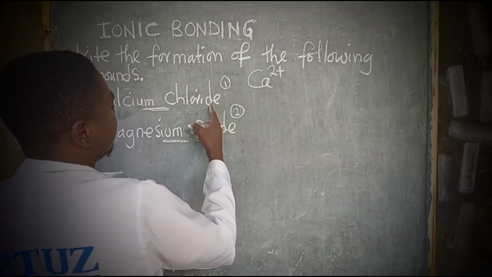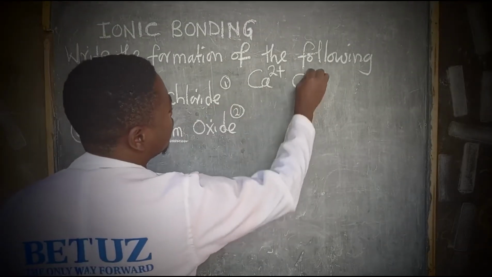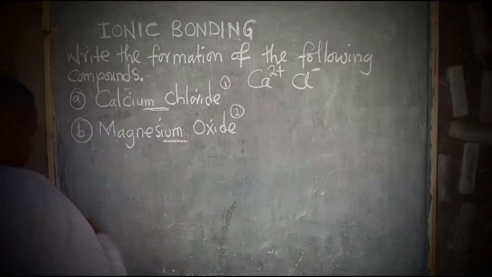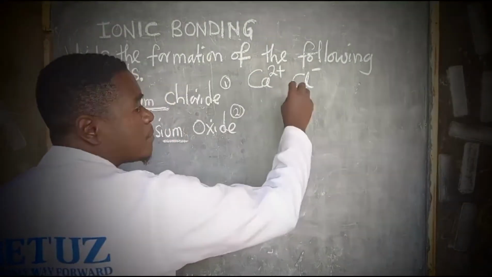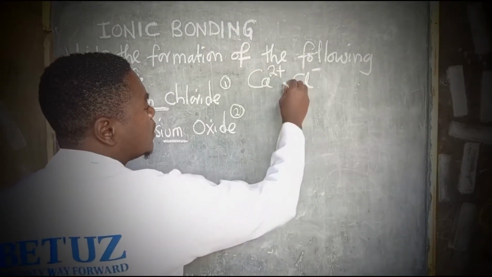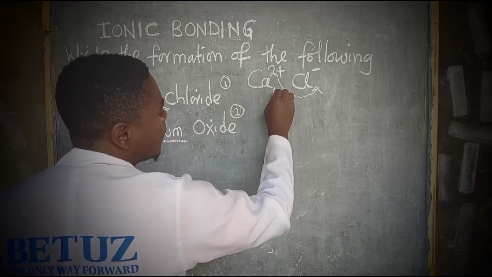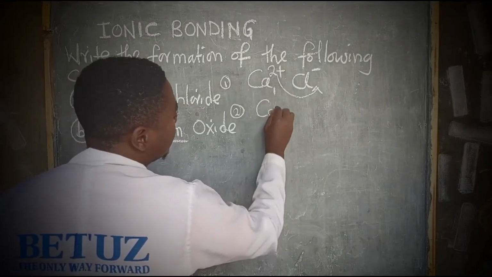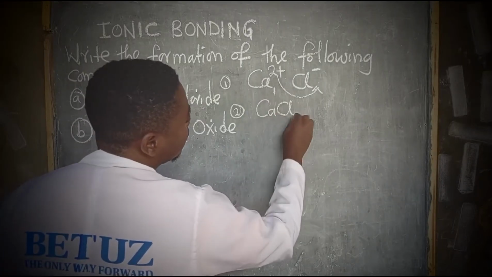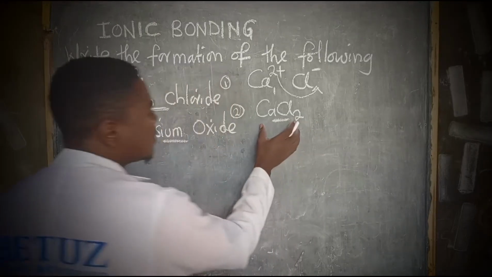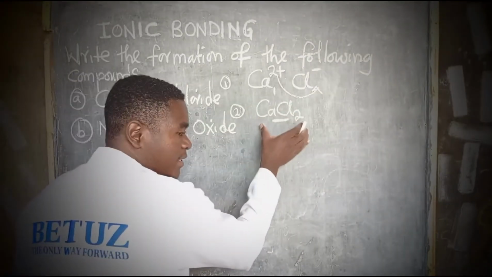This is chlorine, group 7 of the periodic table, meaning the valence is 1 negative, it is gaining. The valences are going to interchange. This 2 goes there, this 1 goes there. So we form calcium, then chlorine with a 2 here. It will be called a chloride, so this is calcium chloride.